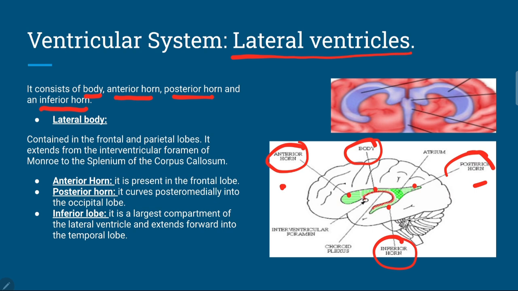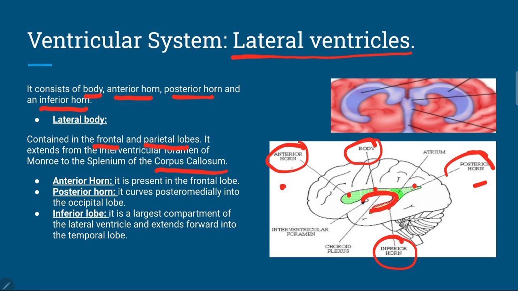The lateral ventricle body is contained in the frontal and the parietal lobes. That is important. It extends from the interventricular foramen of Monro to the splenium of the corpus callosum. So the body starts from here, and it goes over here like this.